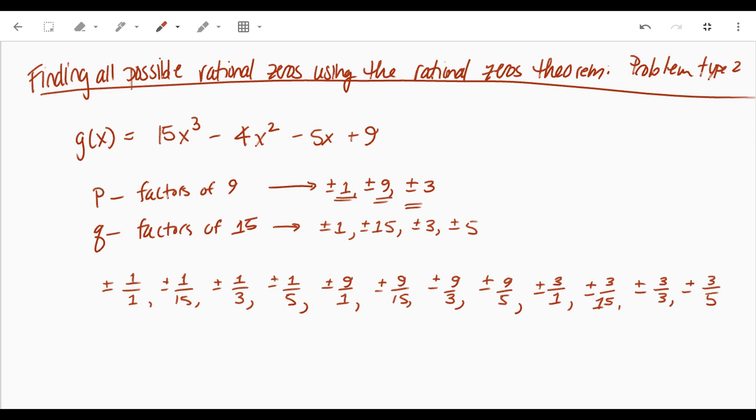Okay, what makes this different than the previous problem type is that there's repeats here. So we're going to eliminate any repeats, and we're going to reduce these fractions to do it. So any fractions that we can reduce: positive negative 1, this one will be positive negative 9. This would be positive negative 3/5.